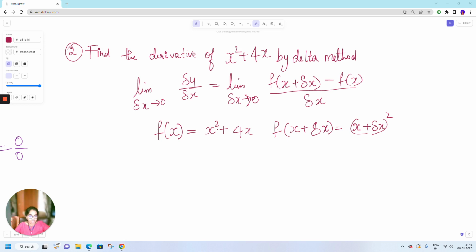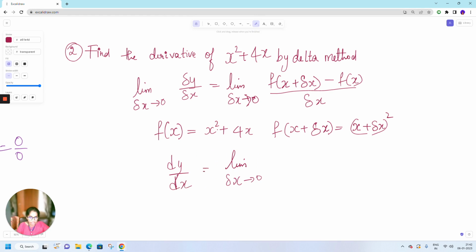So what is the formula now? Let me write that as dy by dx directly.